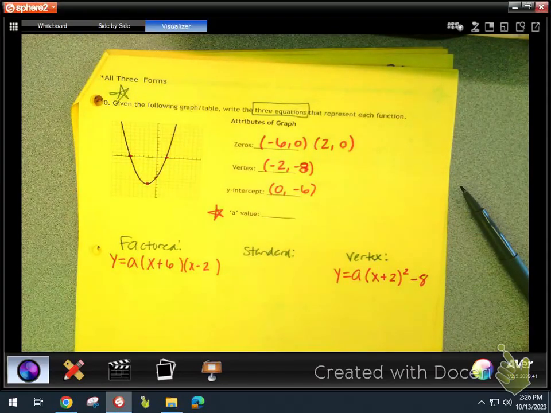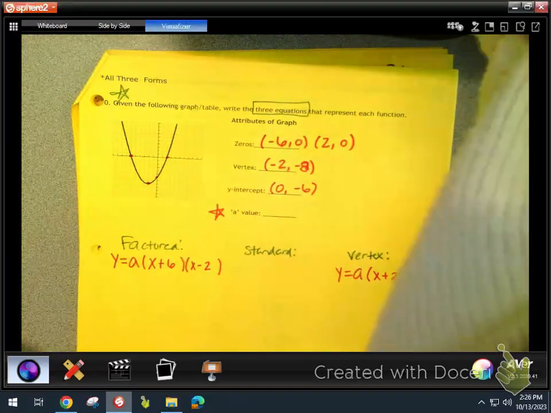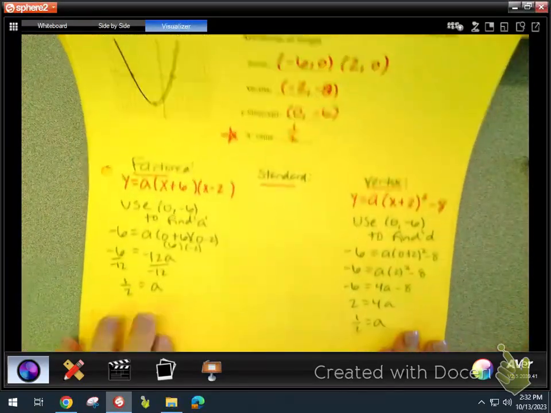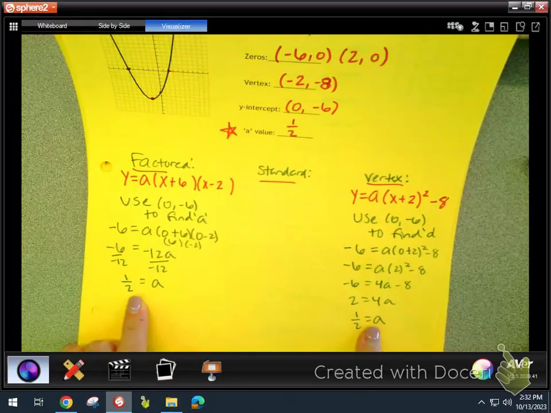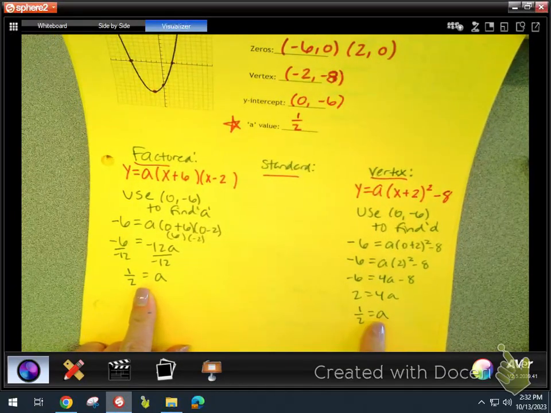So you can decide how you want to find your A. You can use factored form to solve for A. You can use vertex form to solve for A. What do you think's easier? Most likely factored. Do it. Find A. I showed how to find the A value with either form.